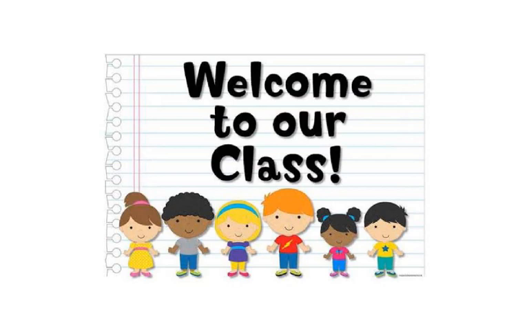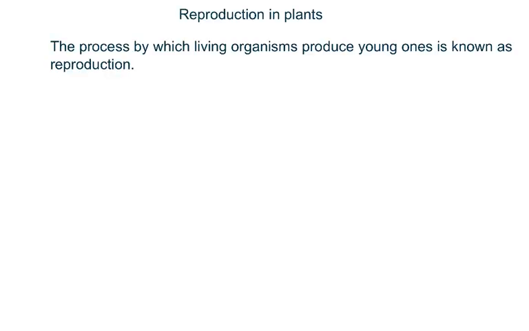Let's begin our class. In today's class, we are going to learn about reproduction in plants. What is reproduction? Reproduction is the process by which living organisms produce their young ones.